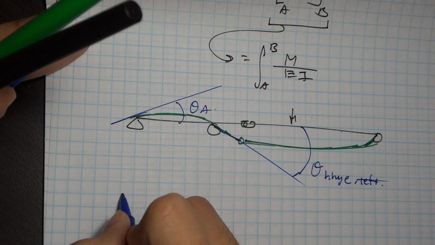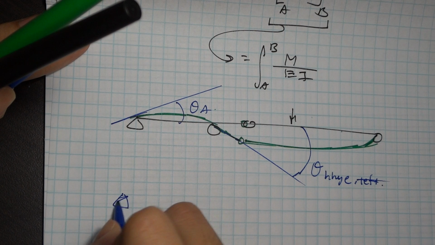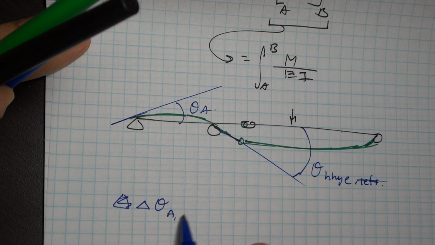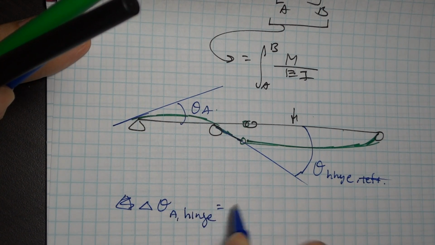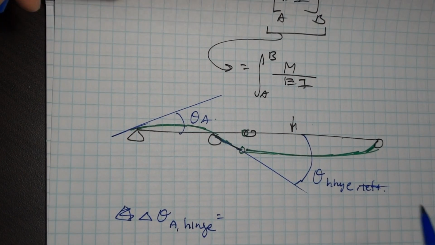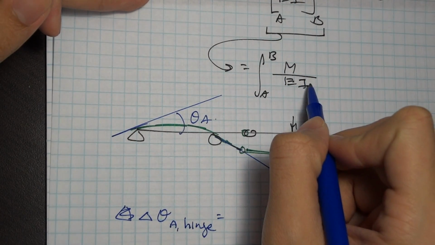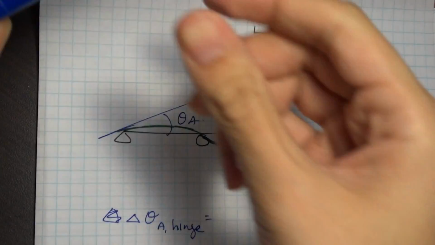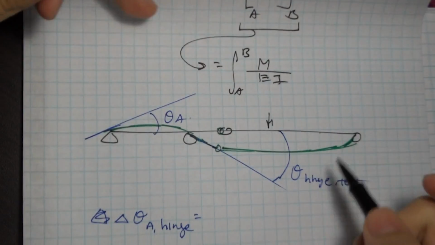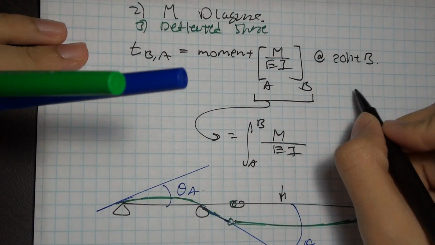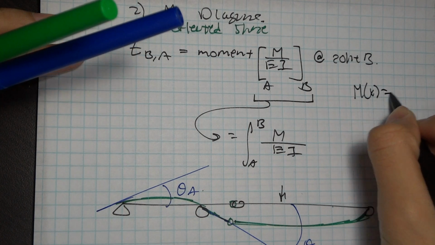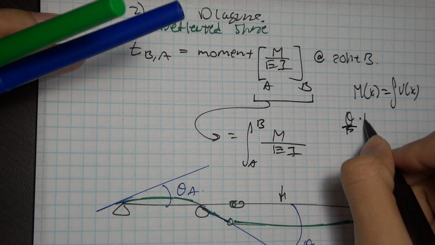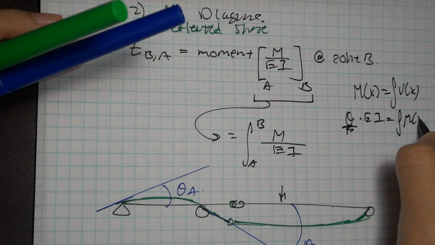But yeah, we can get the change in angle. The change in angle from A to the hinge is equal to, now, do you remember that the integral of your M of x over EI is just your change in slope? And I think I've mentioned this several times now, but your M of x is equal to the integral of V of x, and your theta times EI is equal to the integral of your M of x.